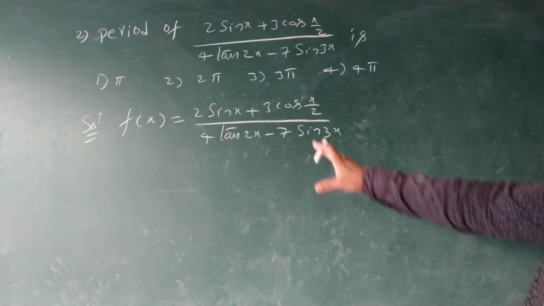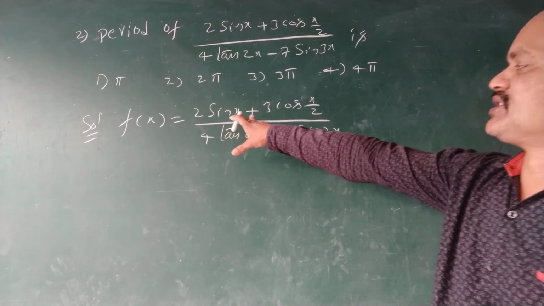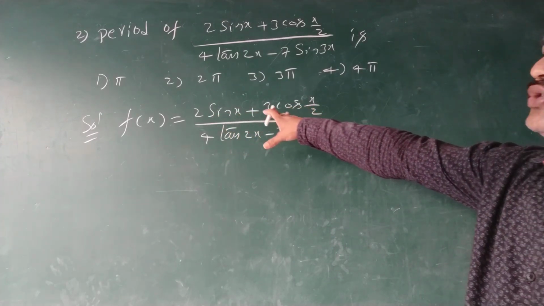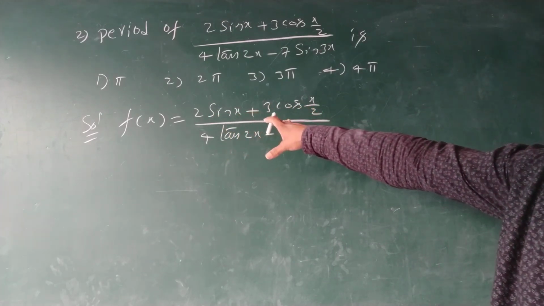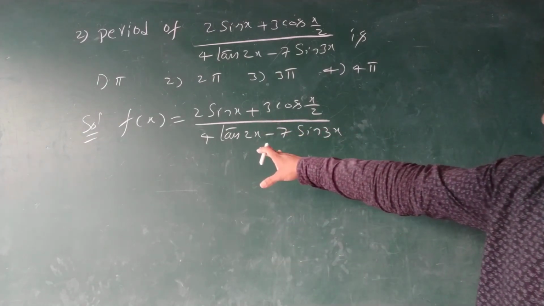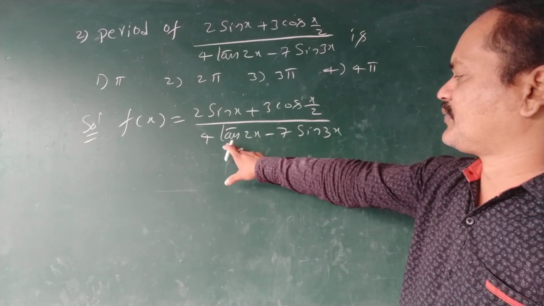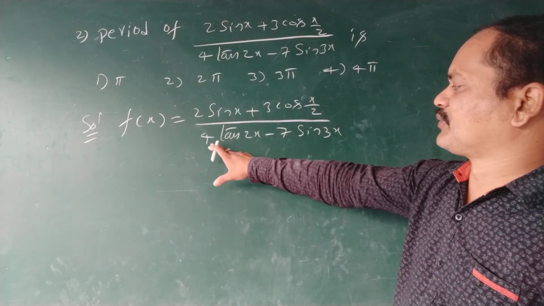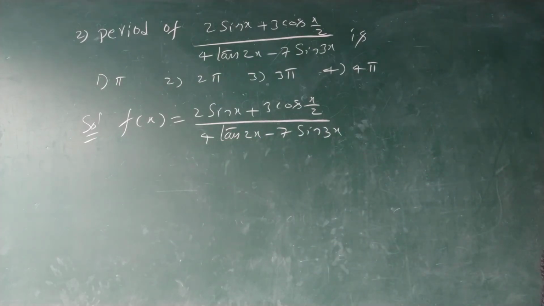That's why f of x represents a numerator and a denominator. In the numerator, the sum of 2 sin x and 3 cos x by 2, and in the denominator, the difference, that means subtraction, of 4 tan 2x minus 7 sin 3x.